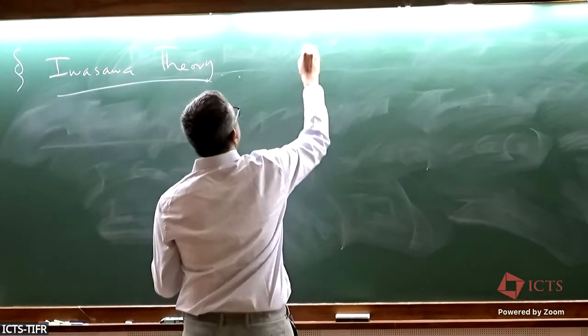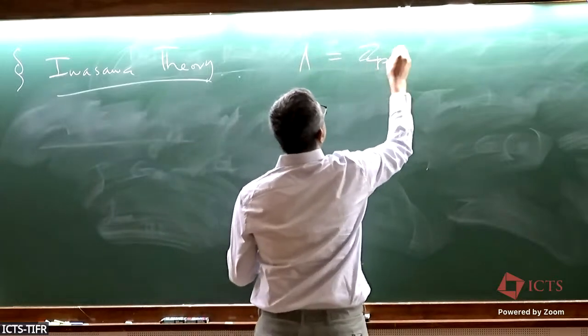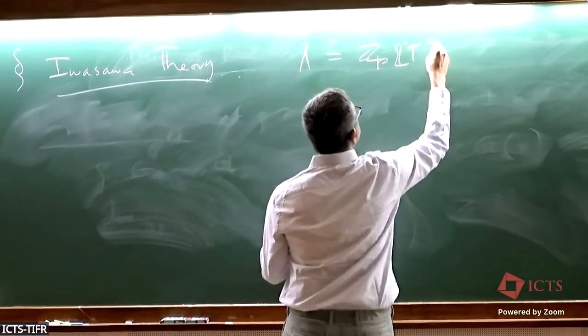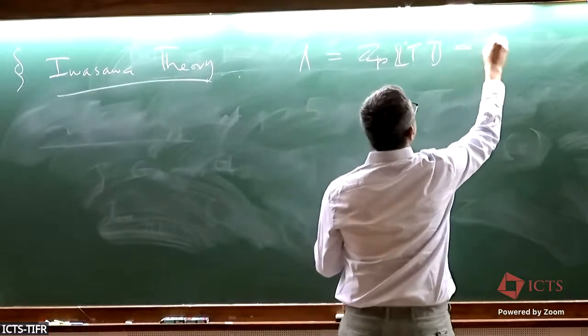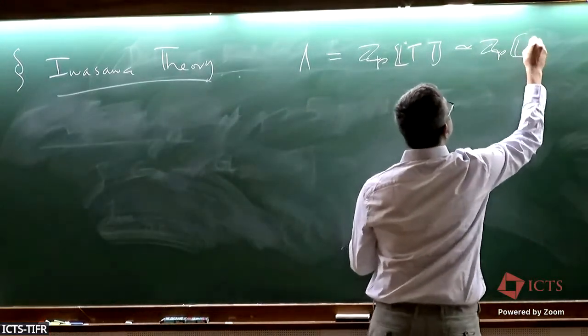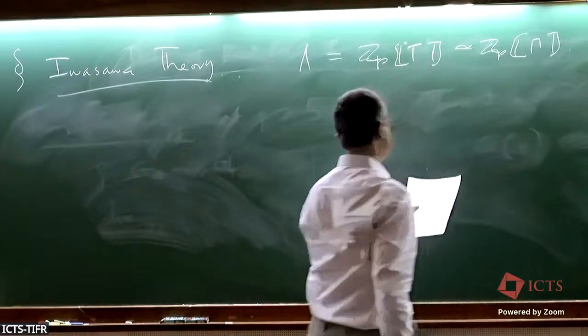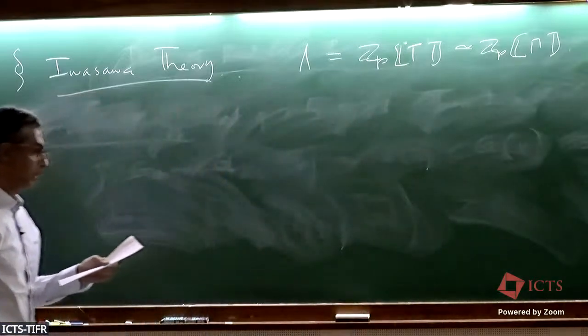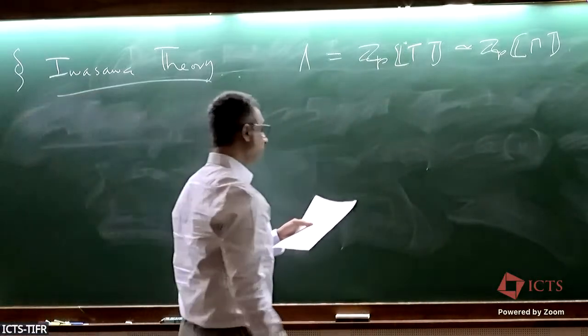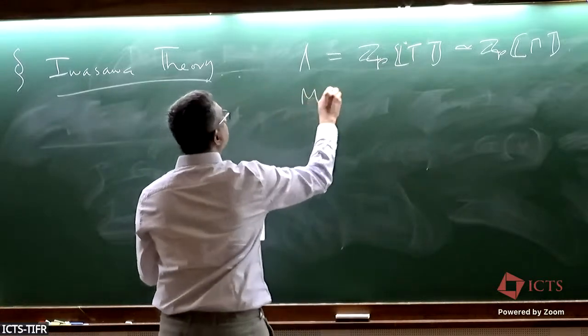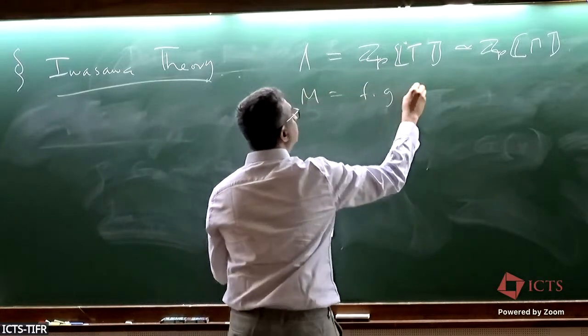So, usual notation, lambda is Z_p power series in T, which is secretly Z_p power series in gamma, or rather the other way around, maybe. M is a finitely generated torsion lambda module.